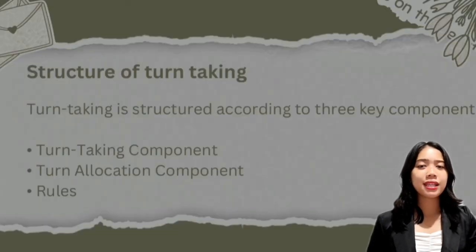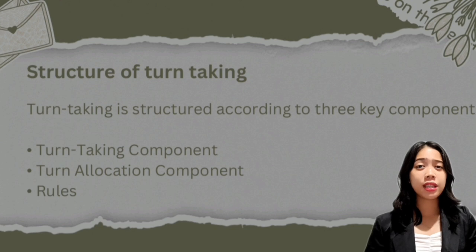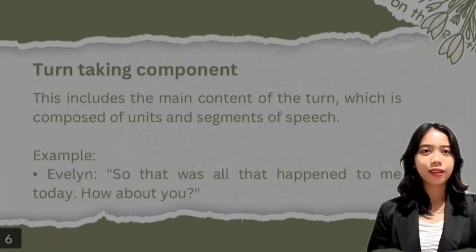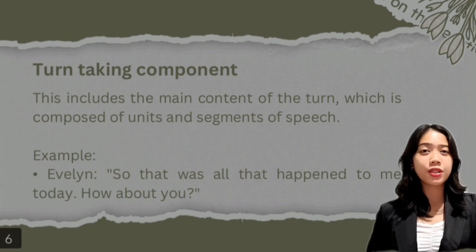Turn taking is structured according to three key components. First is the turn construction component, second is the turn allocation component, third is the rules. These components ensure that speakers and listeners contribute appropriately to the conversation. Now let's begin with the first component.